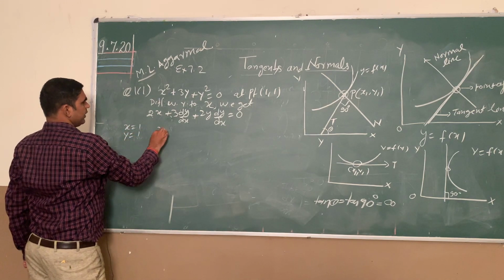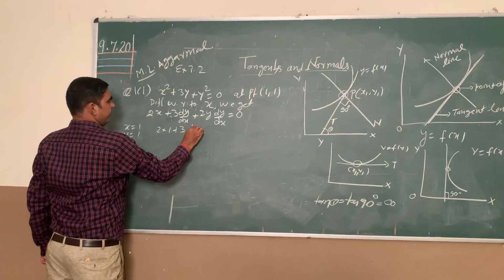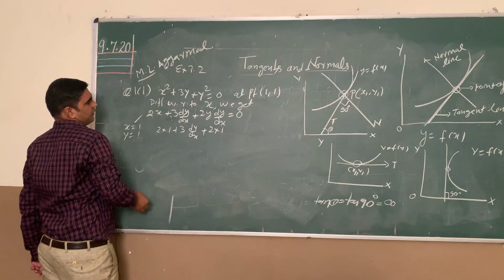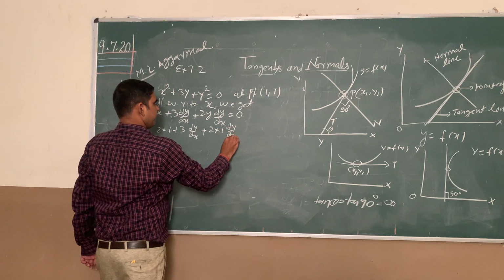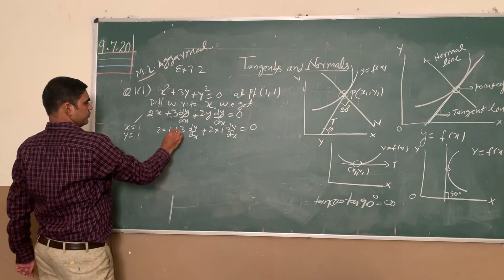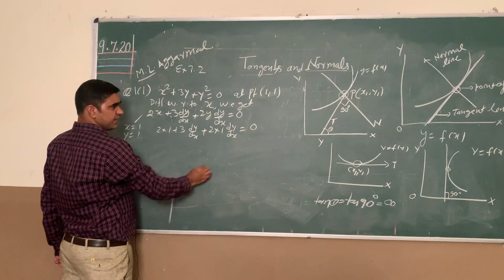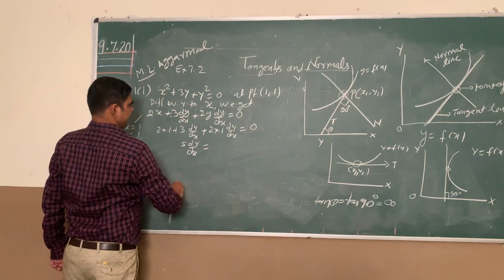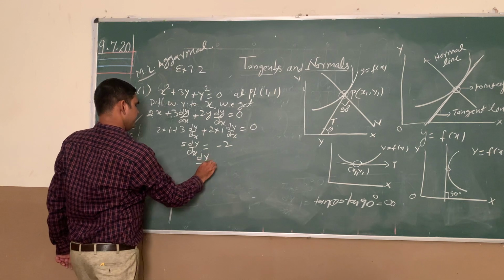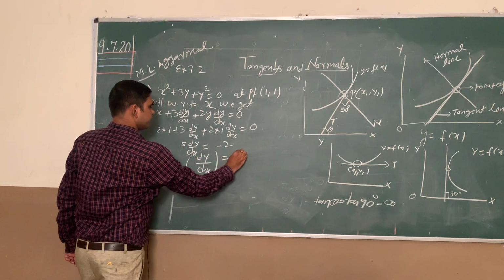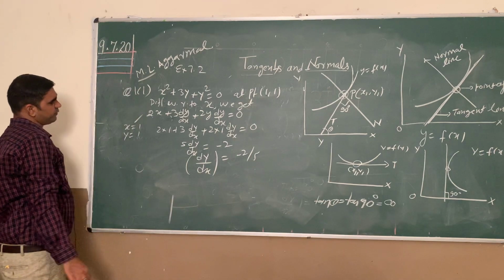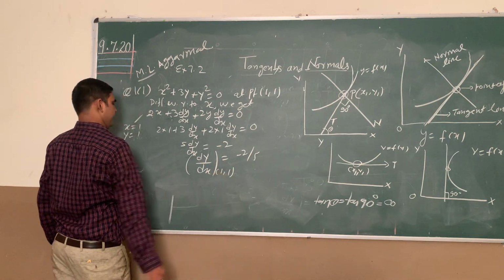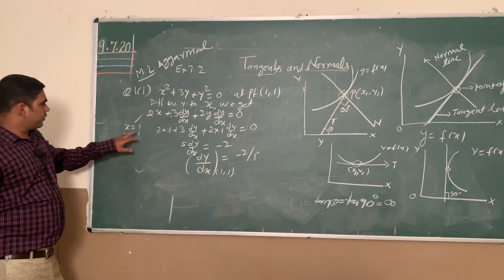We get 2 into 1, plus 3 dy by dx, plus 2 into 1 dy by dx, equal to 0. So 3 times dy by dx and 2 times dy by dx make 5 times dy by dx equal to minus 2. So dy by dx equal to minus 2 upon 5, and this is the slope of the tangent at the point (1, 1).